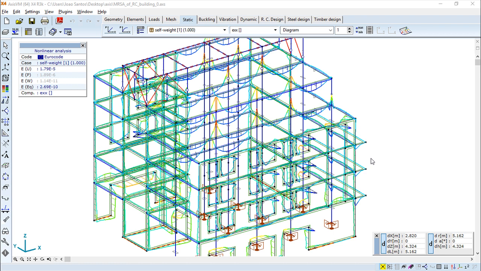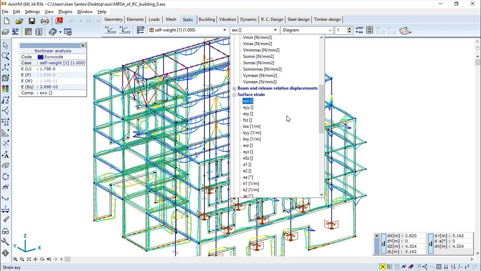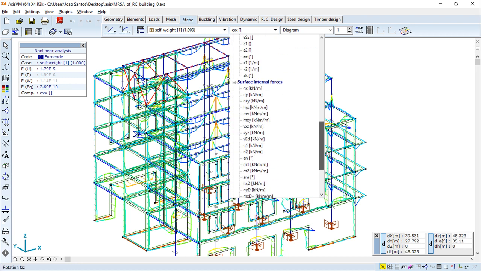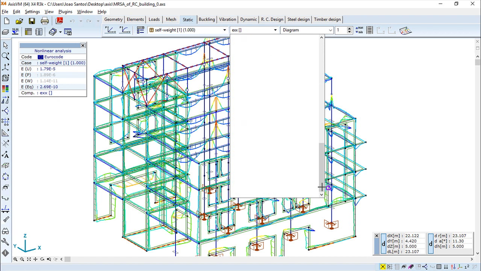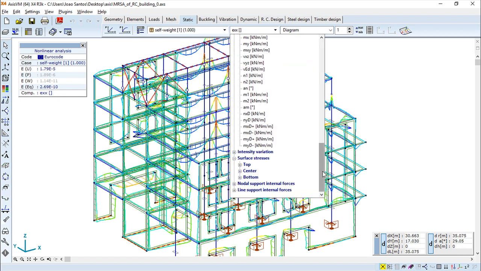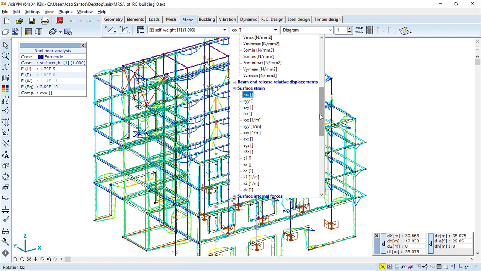So again, this has a very strong theoretical component where you can read more about all of these topics, but briefly to show you, when we open the results, for example, we have the strains here and a couple more components that were not available in the previous video.